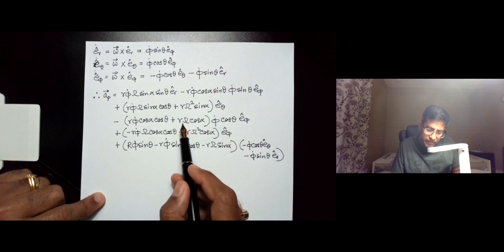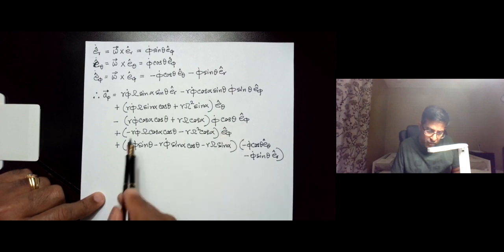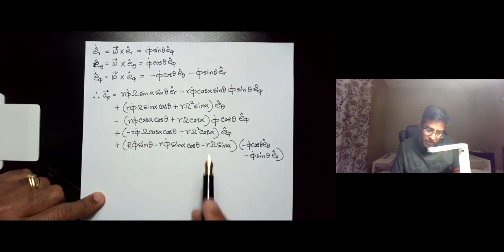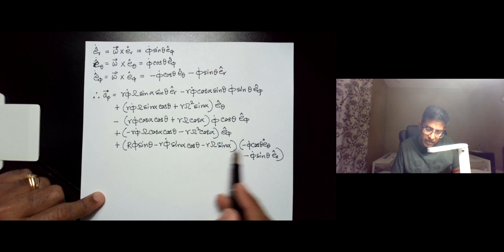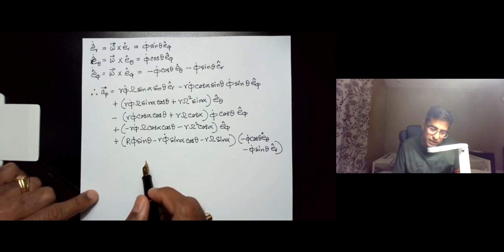I think this R capital Omega phi dot cosine alpha cosine theta E phi will cancel. Oh, rather this is negative and this is negative as well, so it will get combined to form one term. Okay, and these will give rise to E theta and ER terms.